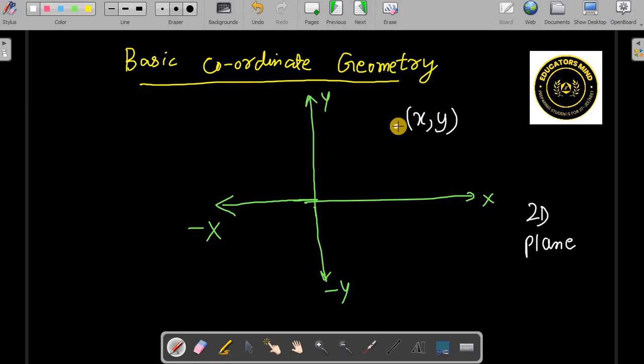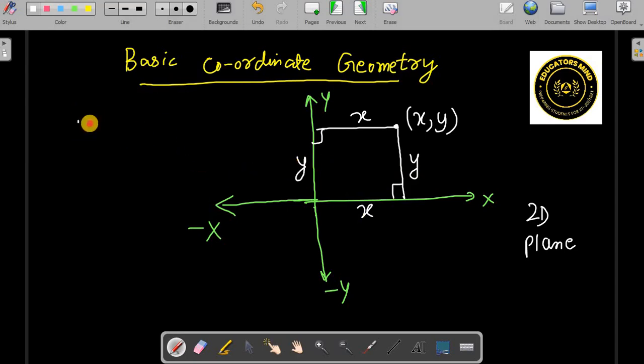The x coordinate is nothing but the distance of this point from the y axis. And the y coordinate is the perpendicular distance from the x axis. So this is x and this is y.